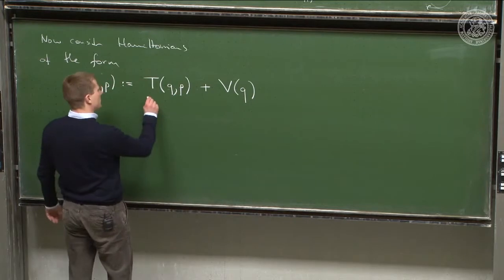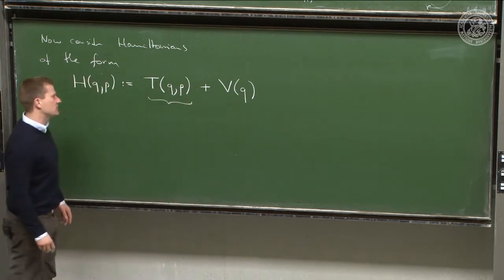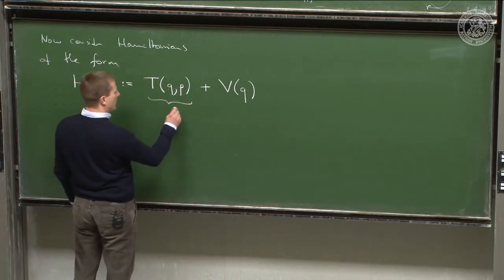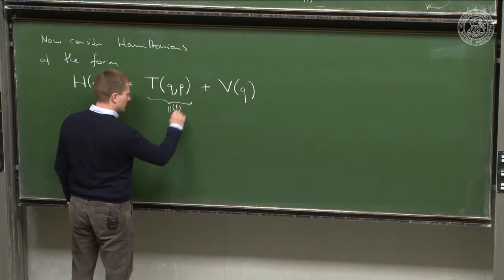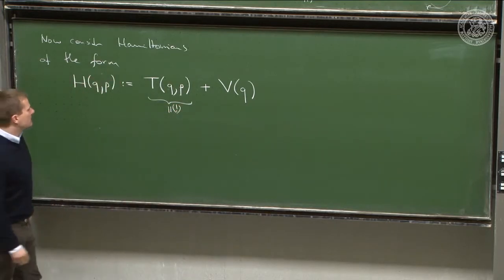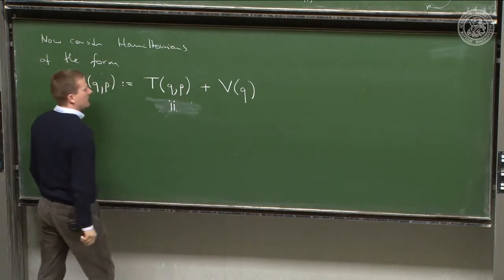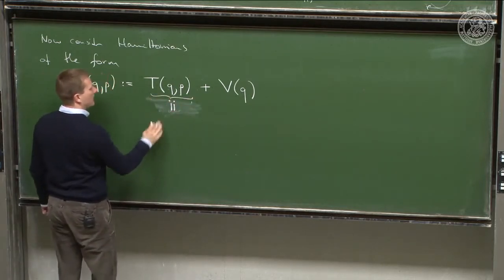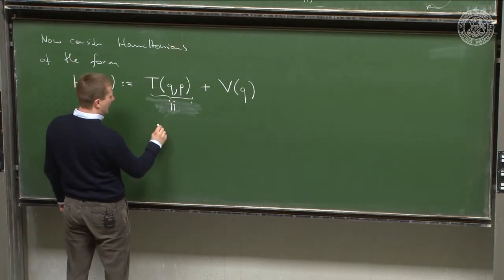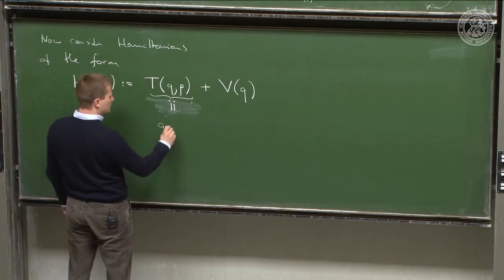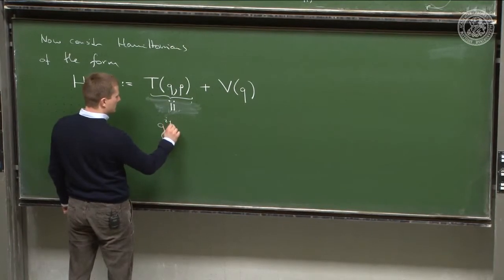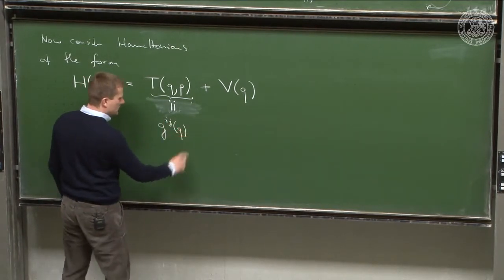And now let's make it even more specific, as a further restriction. We require that this part be given by a bilinear form G_ij that may depend on the q.